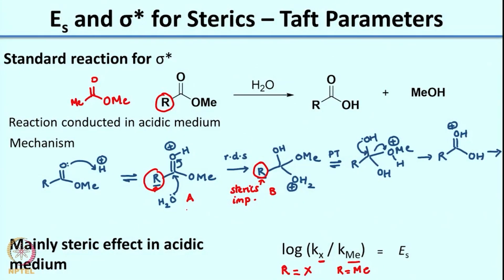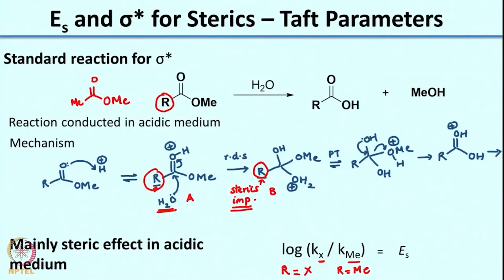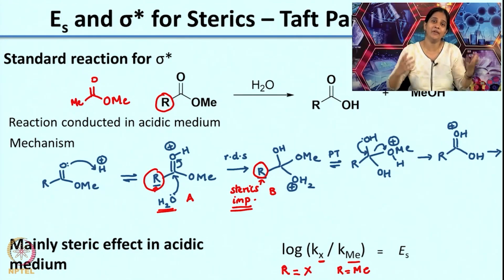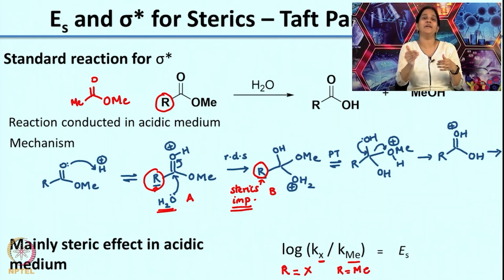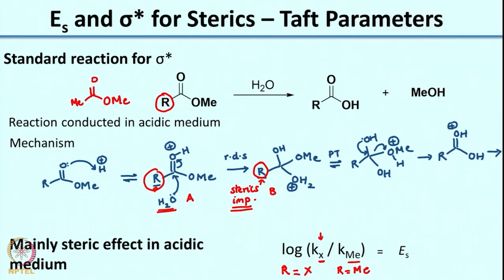You have A going to B and sterics is important, that we have already seen. So now if sterics is important, if you have large groups there, they will actually make it more difficult for your nucleophile to approach. So large groups will actually lower the rate. So just like where you have a traffic jam, if you have large substituents, it will be very difficult for your nucleophile to come in. So what that would do is, that would decrease the numerator here, alright.